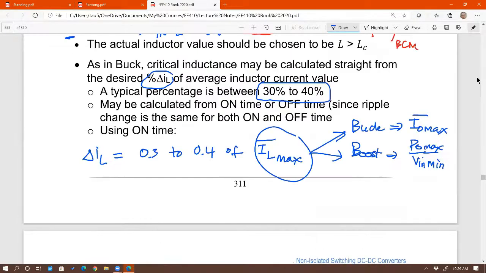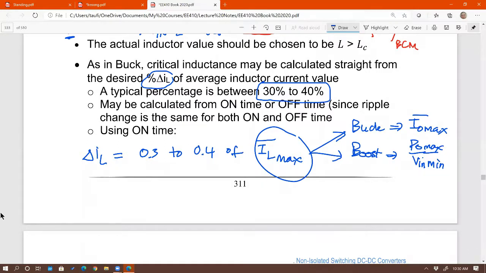So when you say we're running buck converters at full load, does that mean minimum resistance and maximum current? Yes. If you translate current into resistance by Ohm's law, then that R is going to be R min. Wait, so a full load is R min?